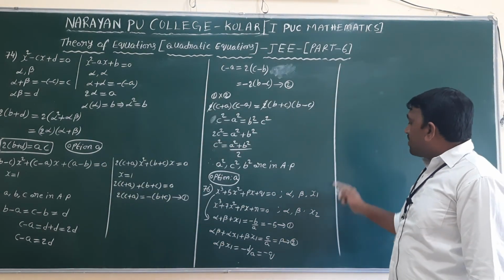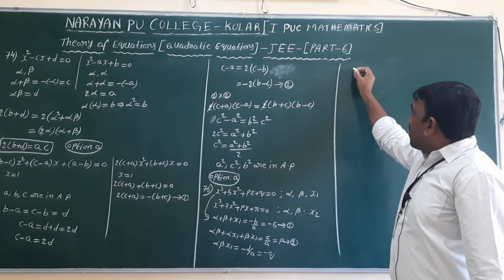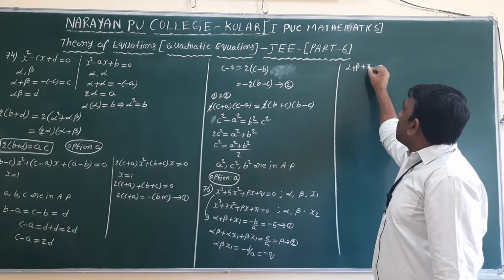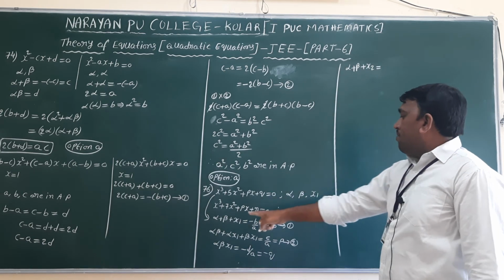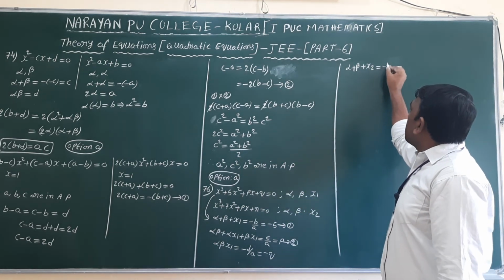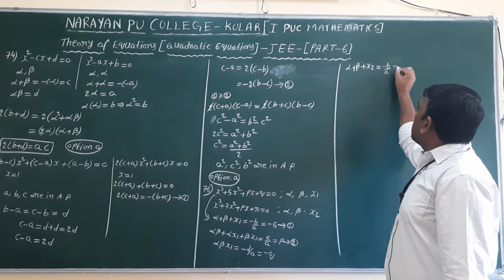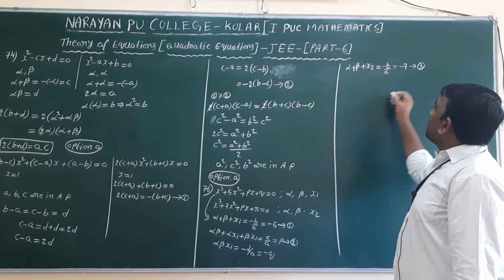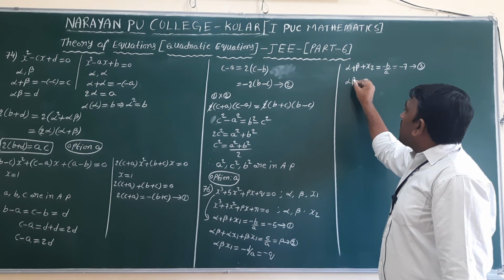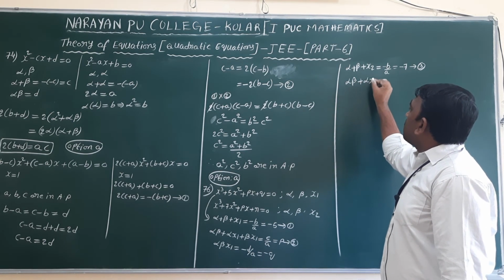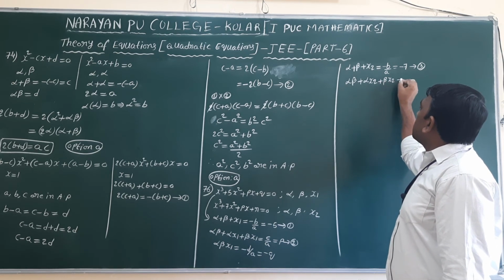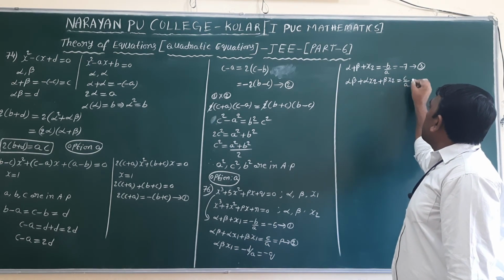Next, the second equation sums. Sum of the roots alpha plus beta plus x2 is minus b by a, which is minus 7. Take equation 3. Products: alpha beta plus alpha x2 plus beta x2 is equal to c by a.